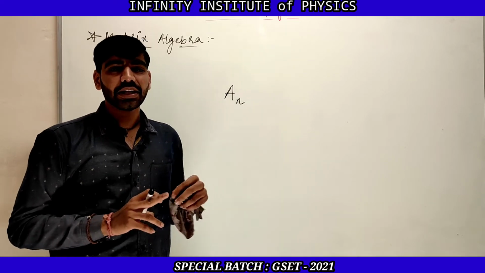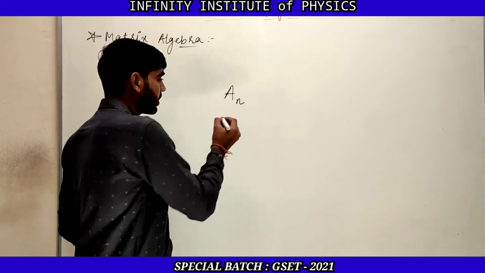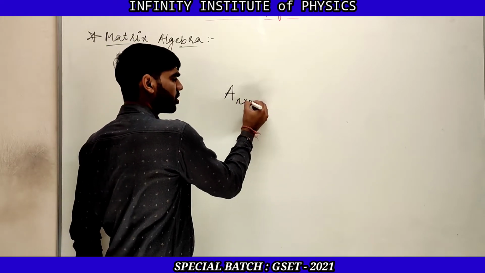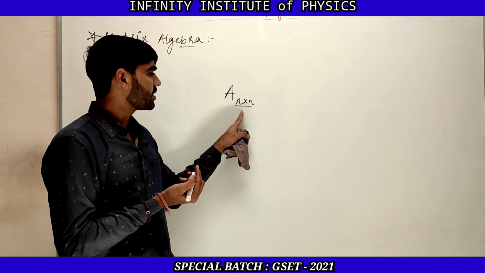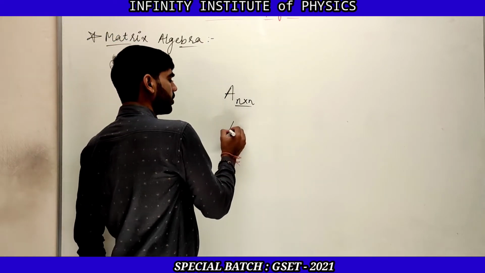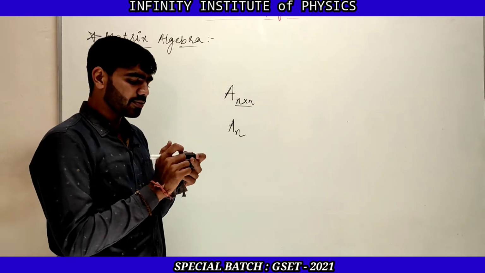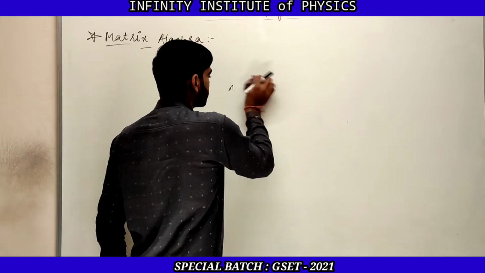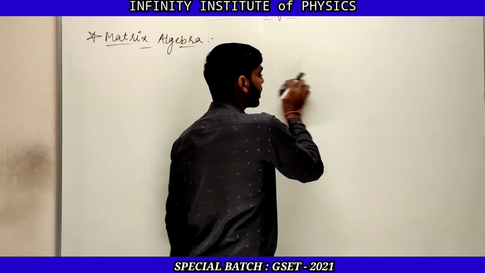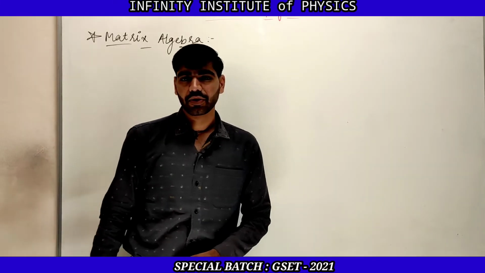Order n means it has n rows and n columns. So instead of writing n cross n, you can also write it as A_n. That means it is a matrix for which there are n rows and n columns. So this is the meaning of A_n, and this is also one of the notations to denote a square matrix.